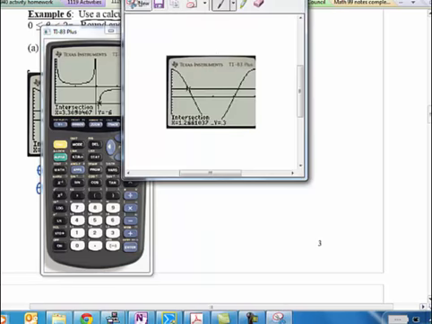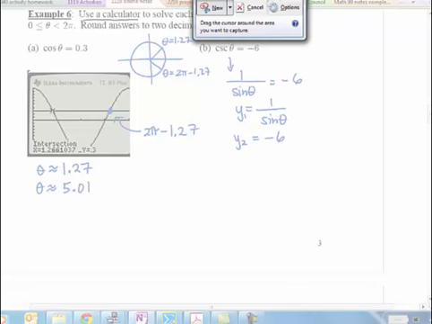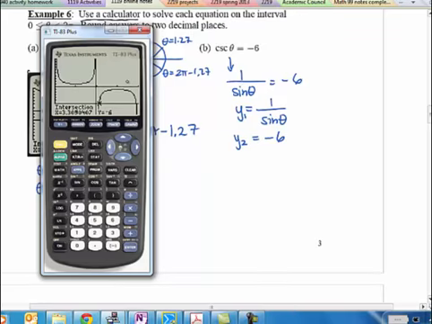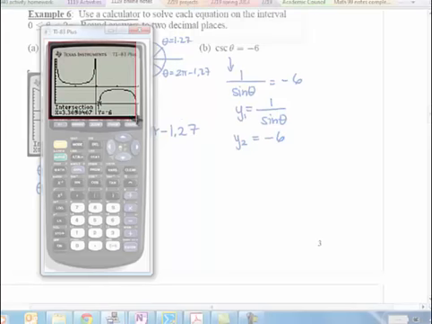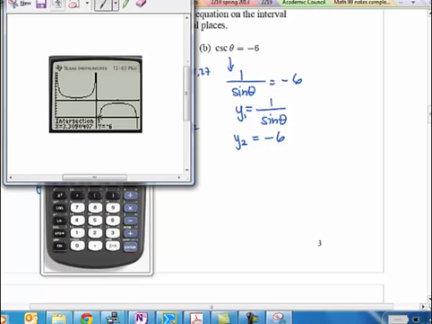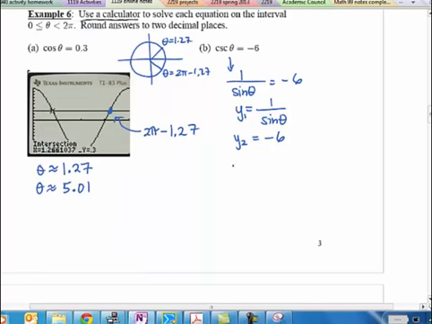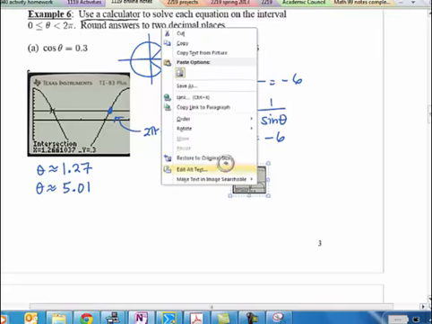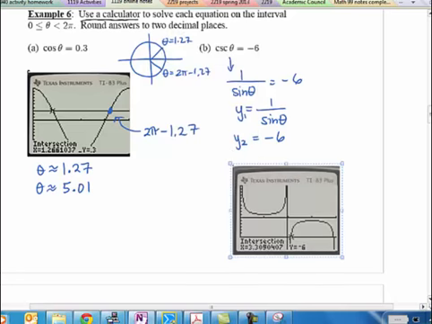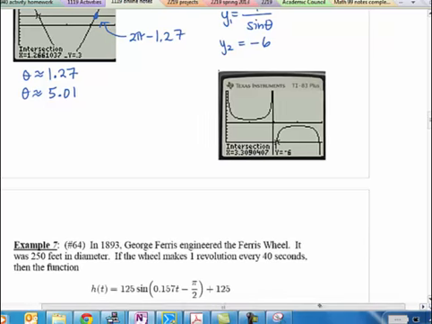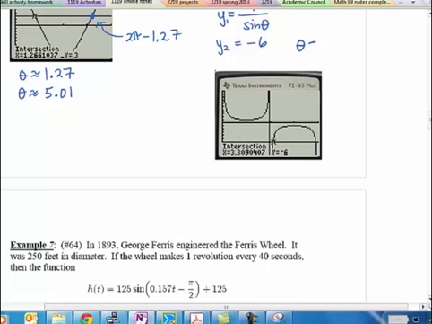Copy that quick. Try to paste it there. So now we've got, if this one is 3.31 roughly, so we've got one solution.